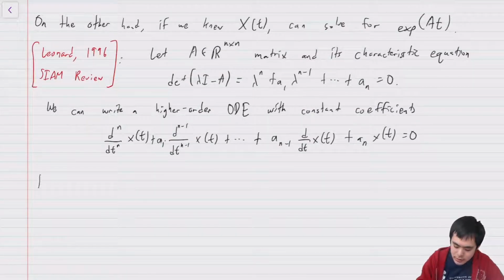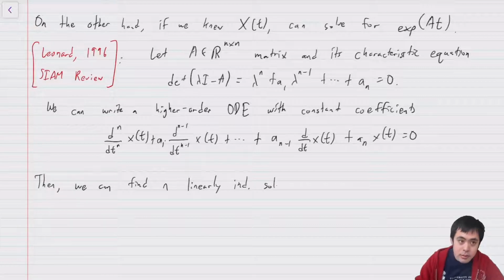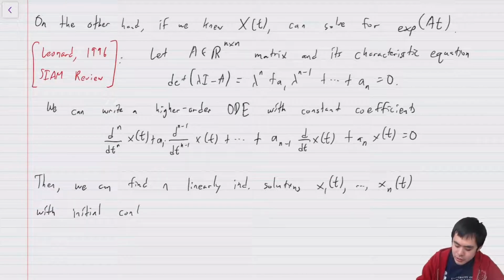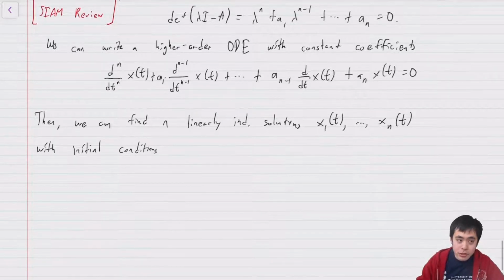So we can find n linearly independent solutions, x1 of t through xn of t, with initial conditions. We need to be careful about what we're setting our initial conditions to be for each of our equations.